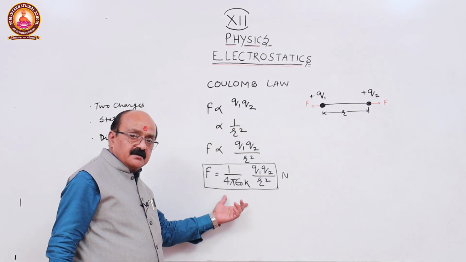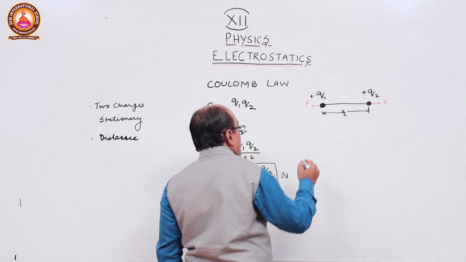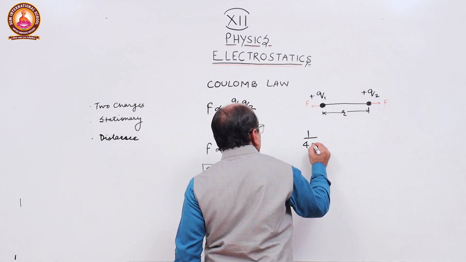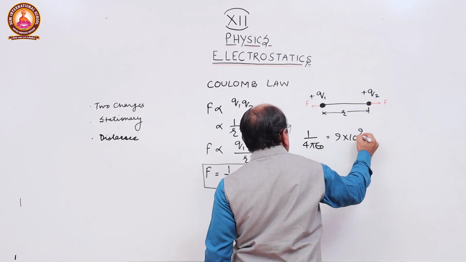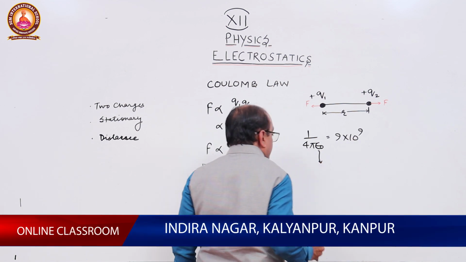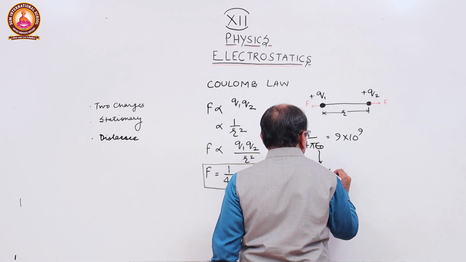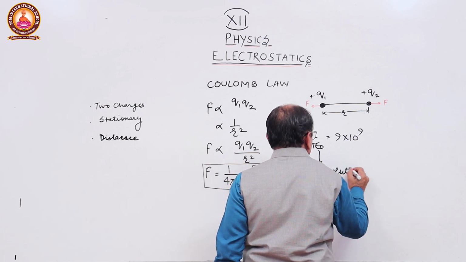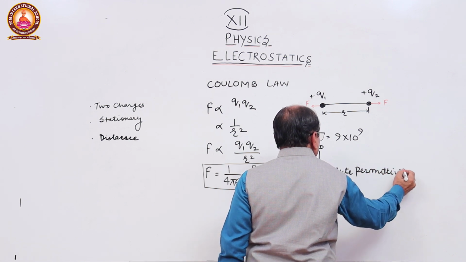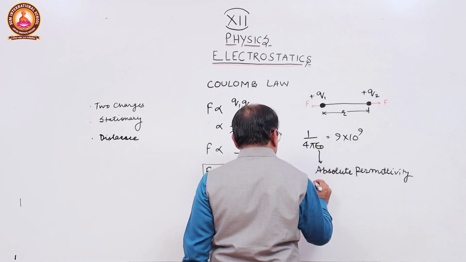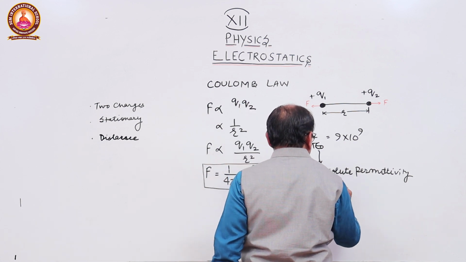This constant 1 upon 4 pi epsilon naught, k, the value of 1 upon 4 pi epsilon naught is 9 into 10 to the power 9, and this epsilon naught is absolute permittivity. And this K is not mentioned here because it is the dielectric constant of the medium.